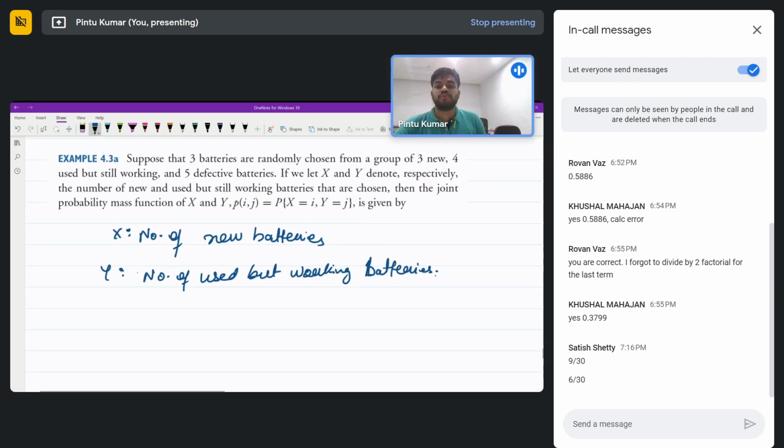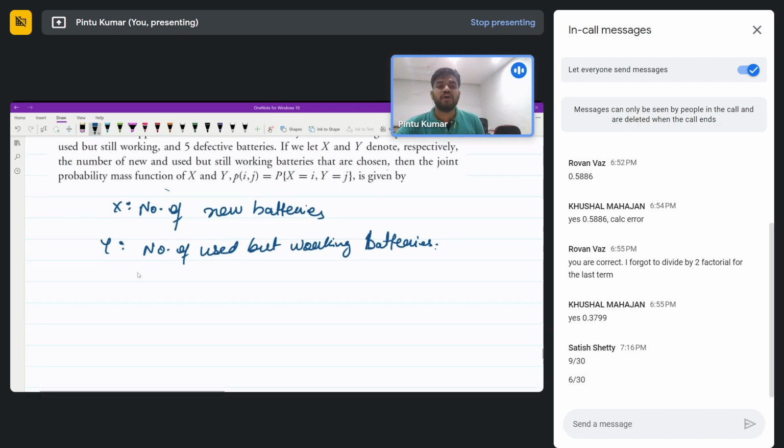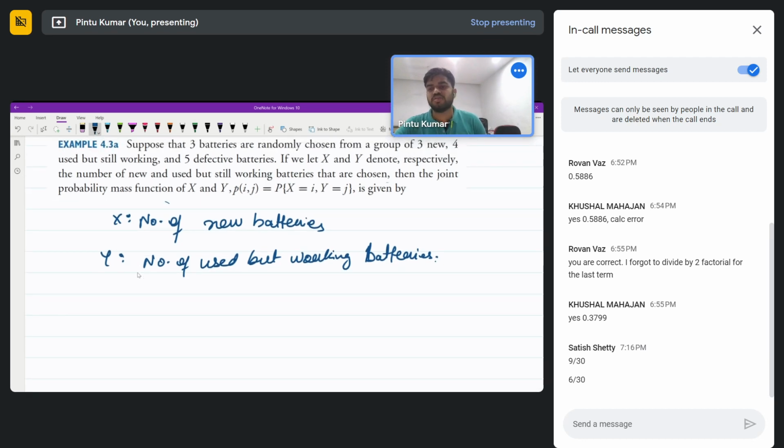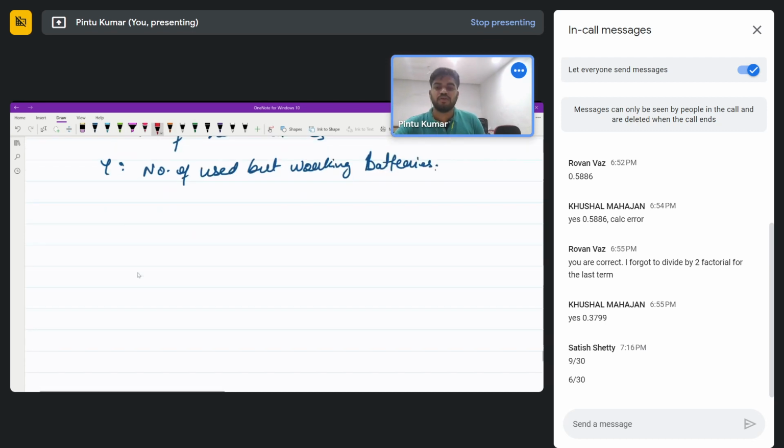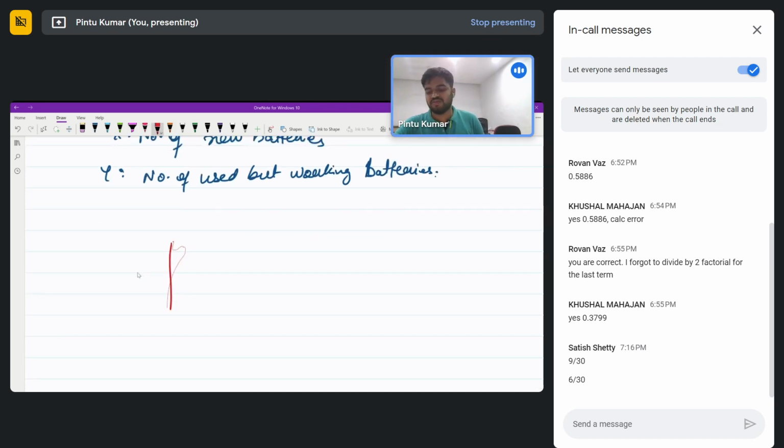Okay. So we have been asked to find the joint mass function, that is Pij, when X is equal to i and Y is equal to j. Now you have 3 batteries. So let's try to draw a table for this PMF.